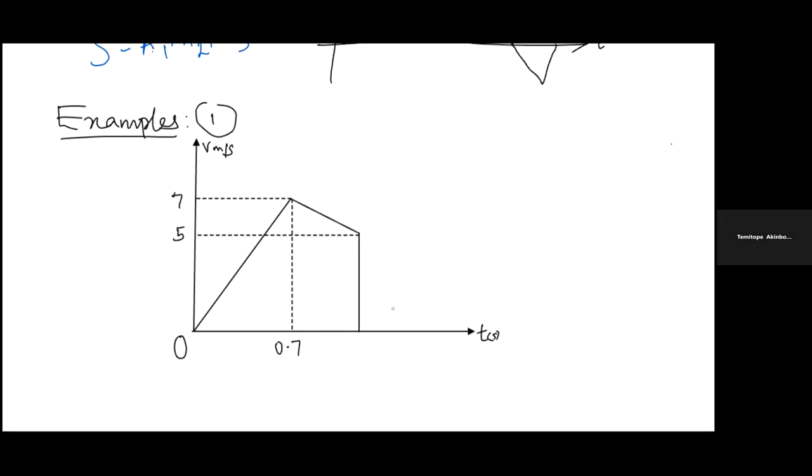The diagram shows the velocity time graph for the motion of a small stone, which falls vertically from rest at a point A above the surface of liquid in a container. Full stop.